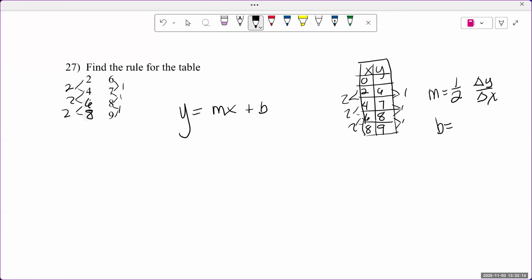The y-intercept is the y value where x equals 0. So we're going to back it up and we can see that that's a 5. You could plug an ordered pair into the equation and 5 would come out, but we could see from the table that b equals 5. So y equals 1/2 x plus 5.